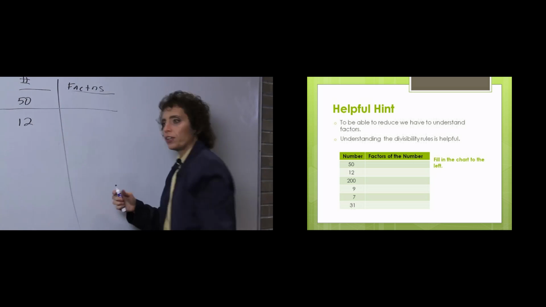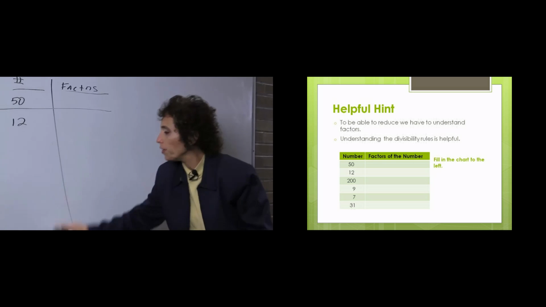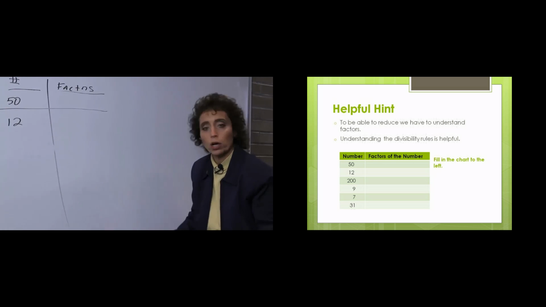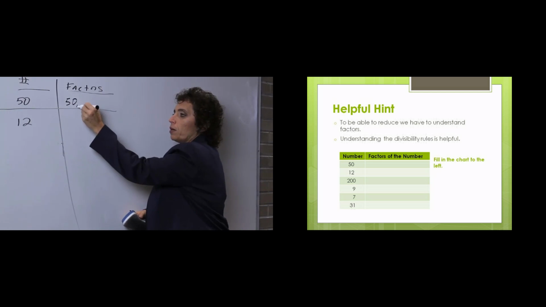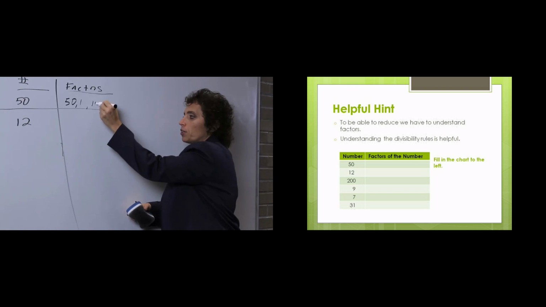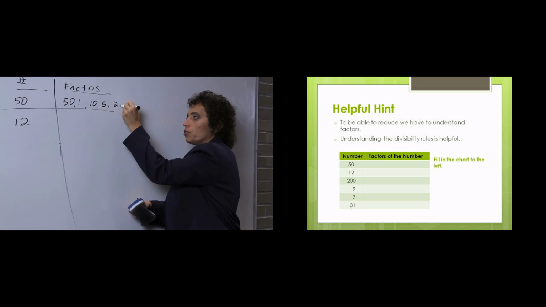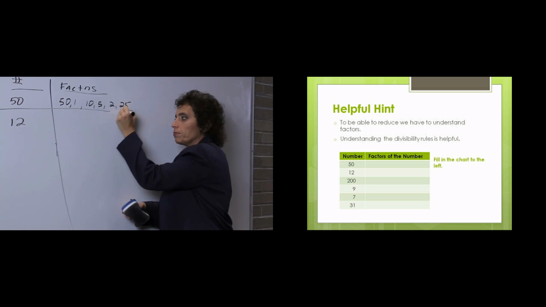Now, let me do the first one with you, so while I'm writing this down, you can do the rest. All the factors of 50 means what times what will give me 50. So 50 times 1, 10 times 5, 2 times 25.